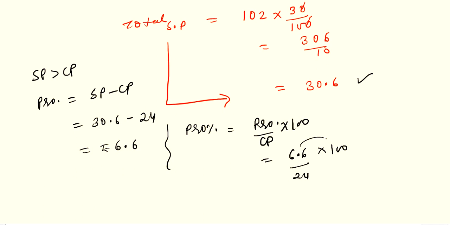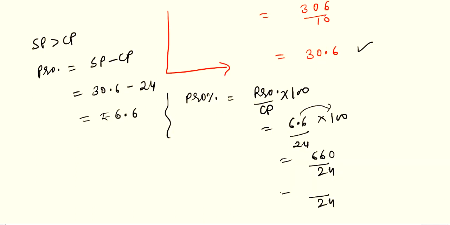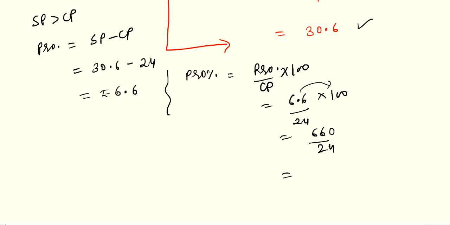So this 6.6 we multiply with 100, two zeros make 2 jumps, so 660 divided by 24. Doing the division, we get 55/2 percent profit.